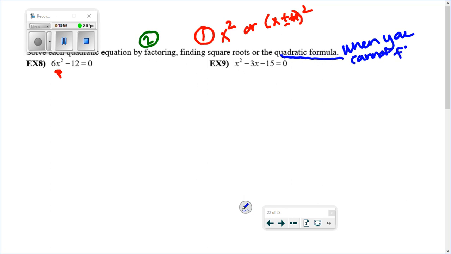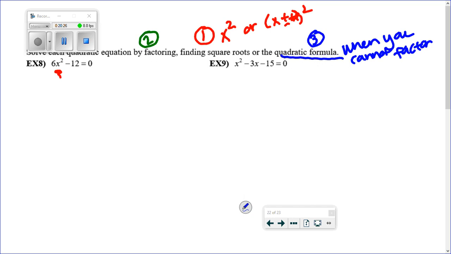So looking at question 9. So you cannot factor that one. Nothing multiplies to give you negative 15 and adds to negative 3. So you're going to work on using that quadratic formula there.